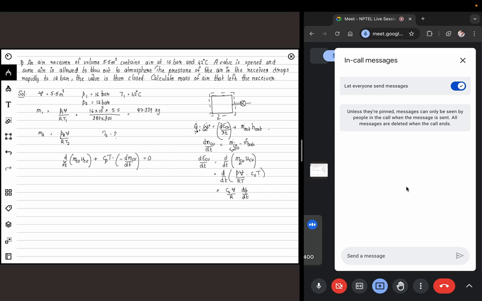If you do a little manipulation here, ucv can be written as Cv T. Cp by Cv is gamma, so d/dt of mcv T is gamma T times dmcv/dt.